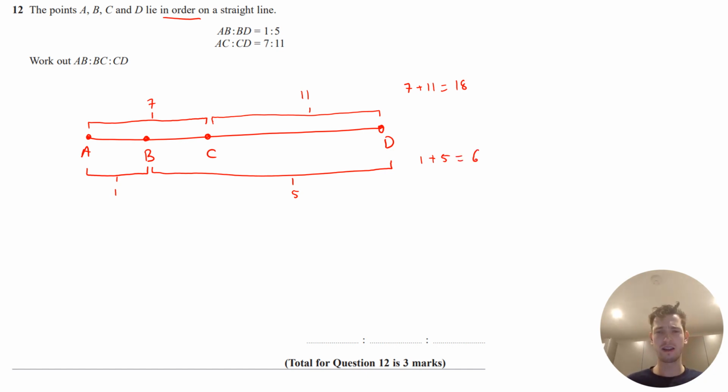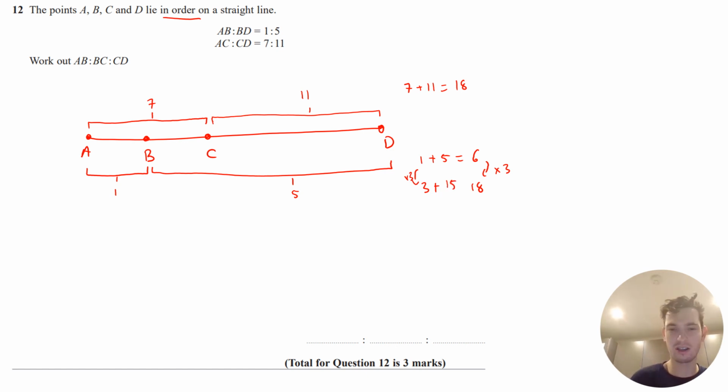And obviously, the distance has to be the same. So I need to think, what am I going to do to make the distances the same? Well, I think we're going to have to multiply all the ratios on the bottom by 3, because 6 times 3 gives me 18. So if I multiply the 1 by 3, that gets 3, and then 5 times 3 is 15.